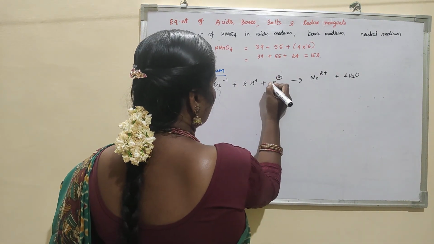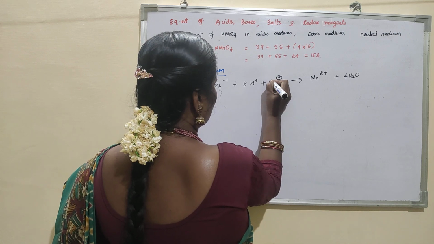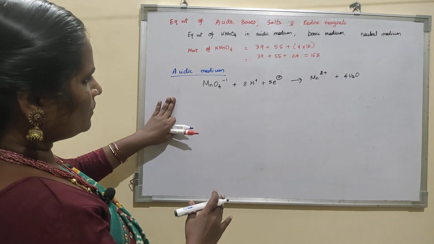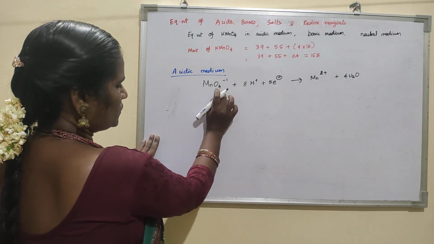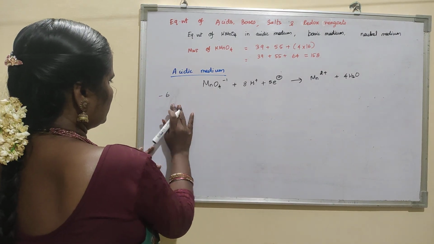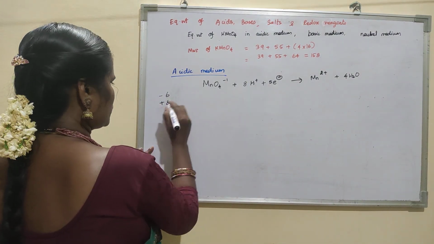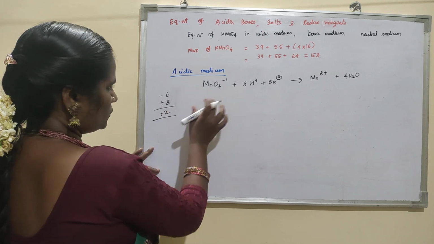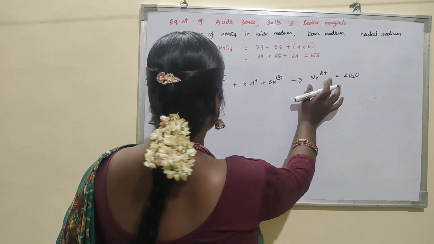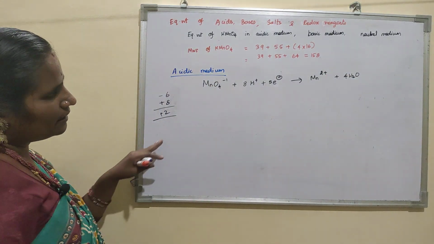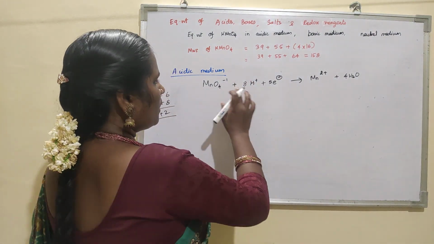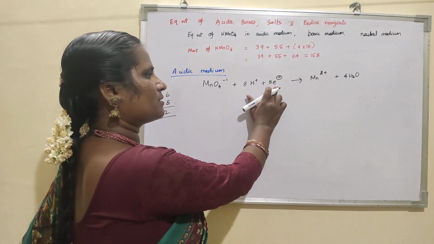So when you supply the electrons, when you put 5 electrons, what happens? This one is minus and this also minus, so totally minus 6 and plus 8 H plus. So overall charge will be plus 2 on the left hand side. Right hand side also, this is overall 0 and you have only plus 2. Hence the equation is electrically neutral. So now this equation is balanced, and in this reaction only 5 electrons are transferred.